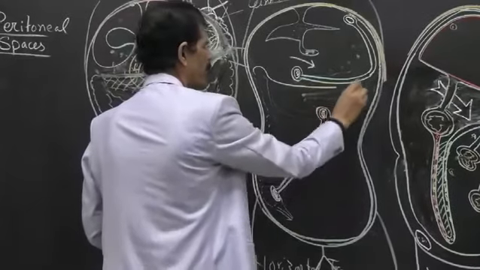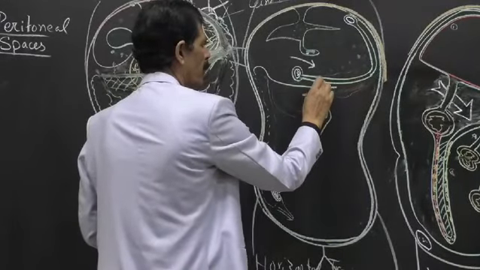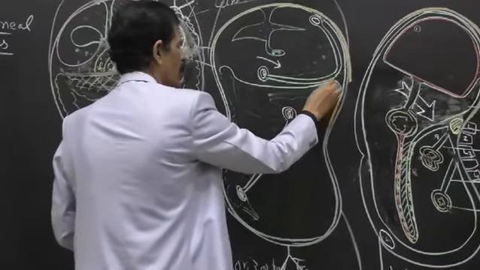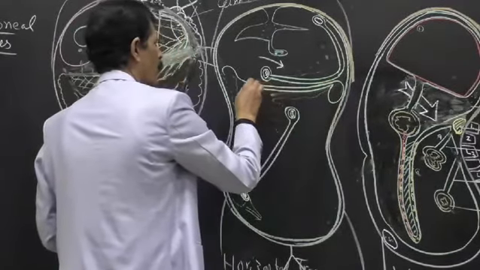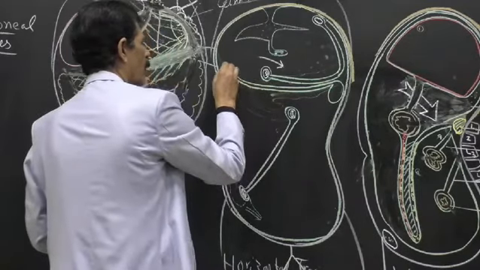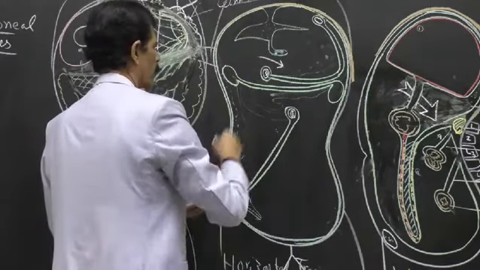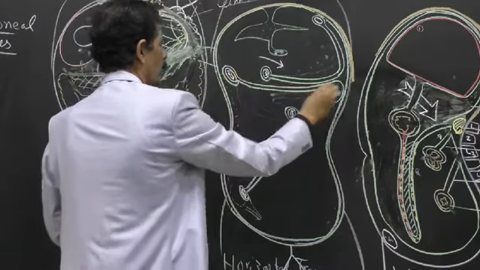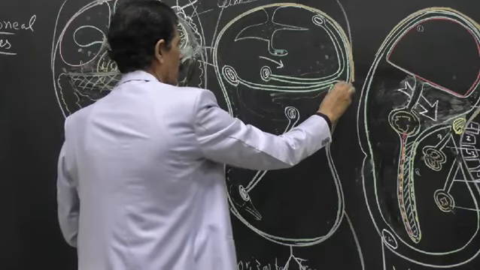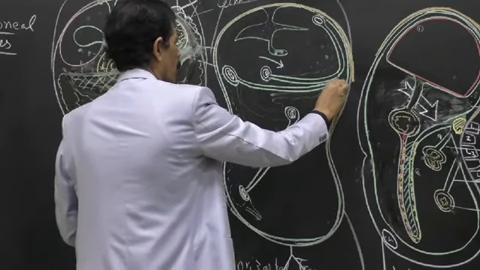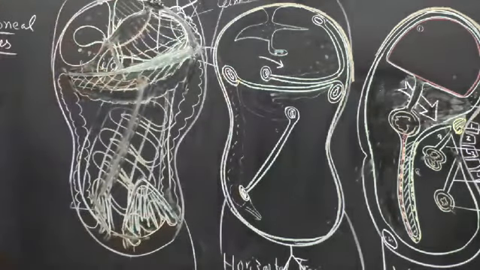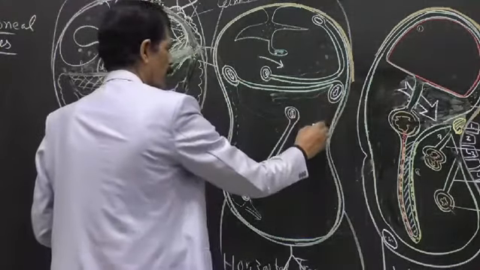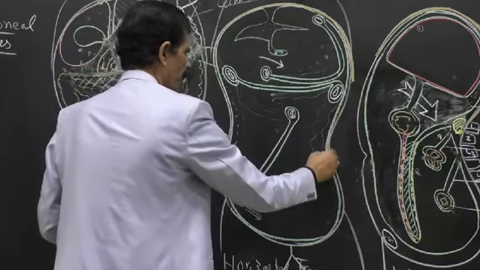This is the pancreas, anterior surface. This is number 3, number 4 layer. You have to show the cut end of the ascending colon and descending colon, and here the descending colon is lying retroperitoneally.